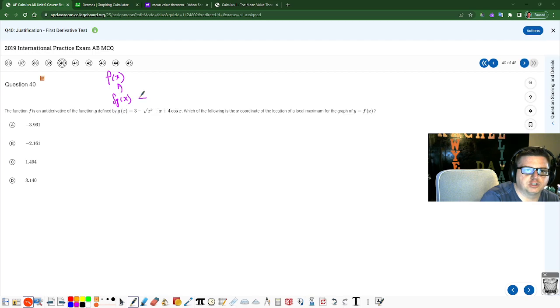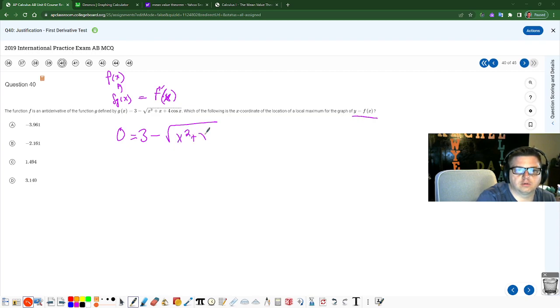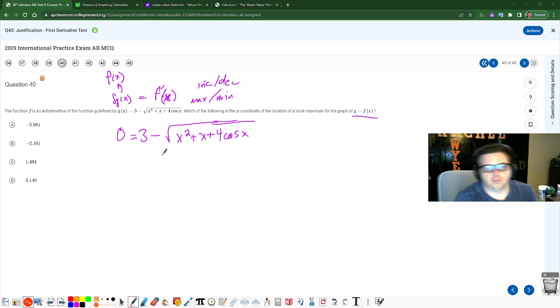So you have to think about g as f prime of x. When it asks for the x-coordinate of the location of a local maximum for the graph y equals f of x, we already know what the derivative is. This is our derivative. This is going to tell us max, min, increasing and decreasing.